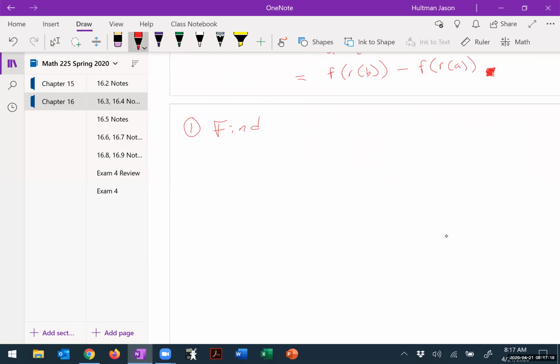Find the work done by a gravitational field. F of x is equal to negative capital M lowercase m.